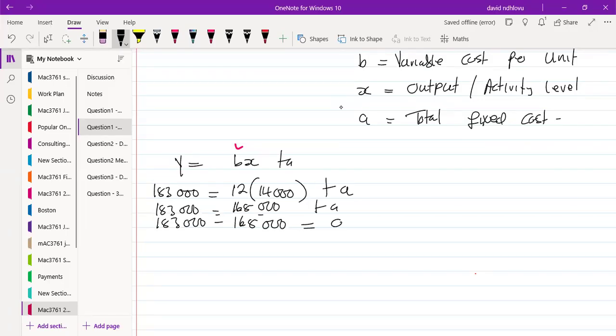So a is equal to 183,000 minus 168,000, which is going to give me 15,000. So therefore we have 15,000 rand, which represents the total of the fixed costs. So this is how you are able to determine your fixed cost within a high-low method calculation.